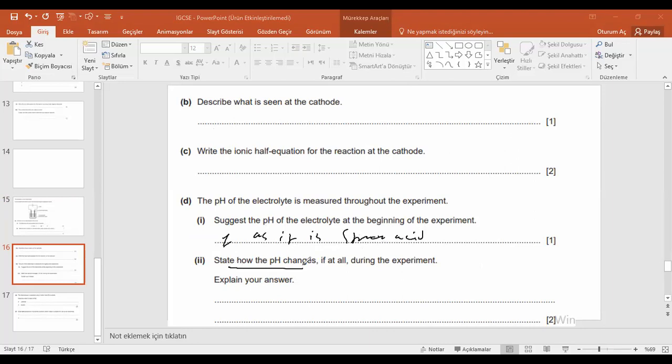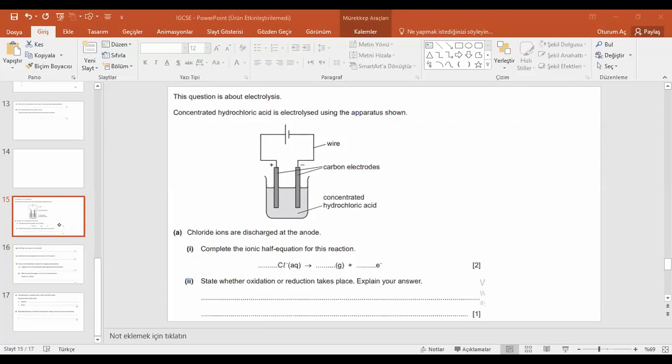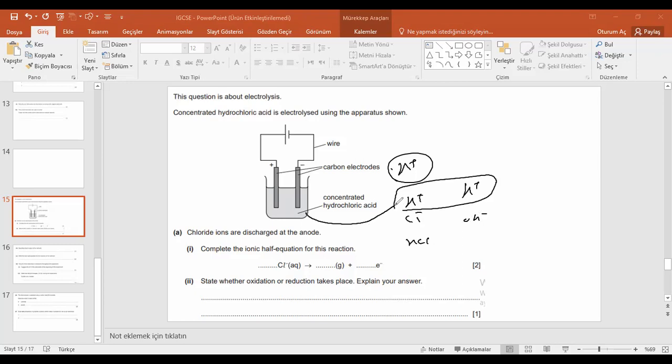State how the pH changes, if at all, during the experiment. Explain your answer. Look guys, as I told you, we have H+ and Cl- from HCl and H+ and OH- from water. H+ ions are attracted to the cathode and they become H2 gas.